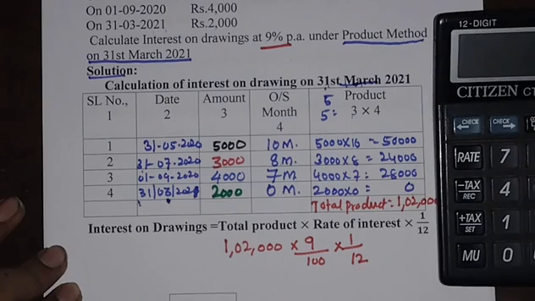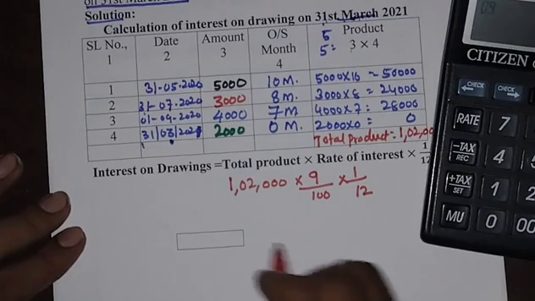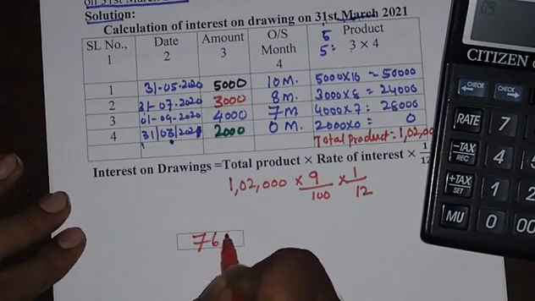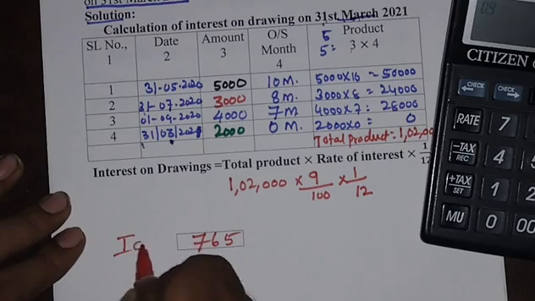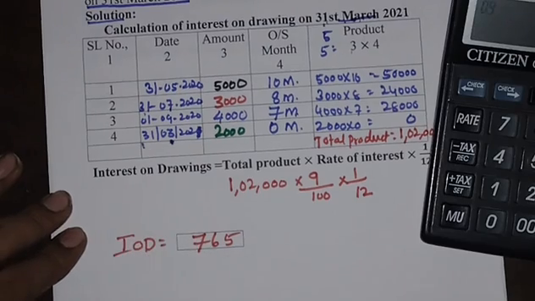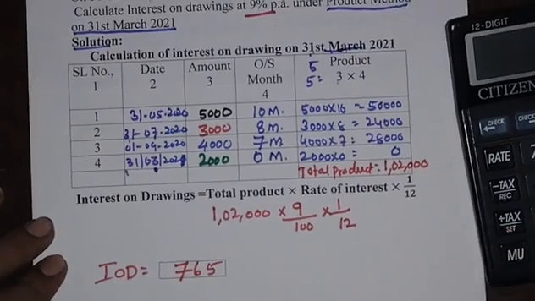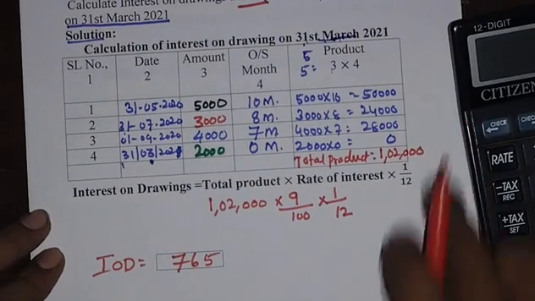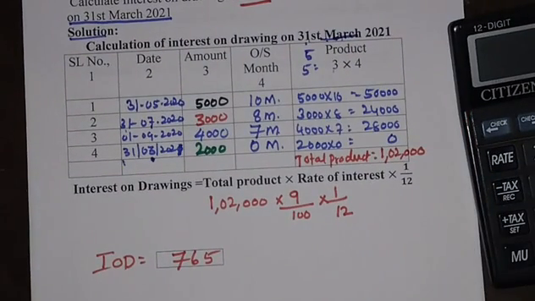Now when I calculate 1,02,000 into 9 divided by 100 and divided by 12 and multiply by 1, the answer is 765. Interest on drawings is equal to 765. Yes, you can take a screenshot of this answer and work it out.